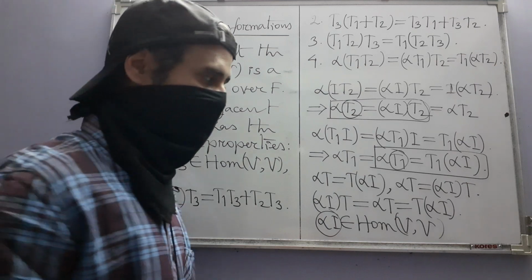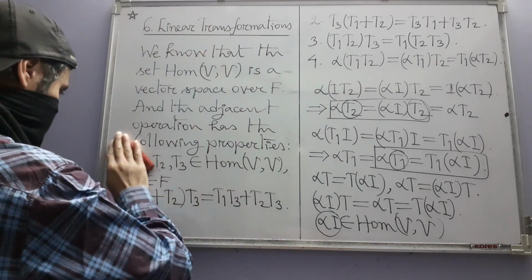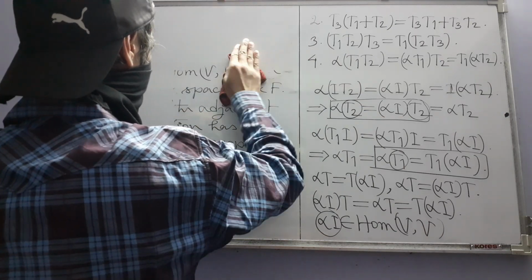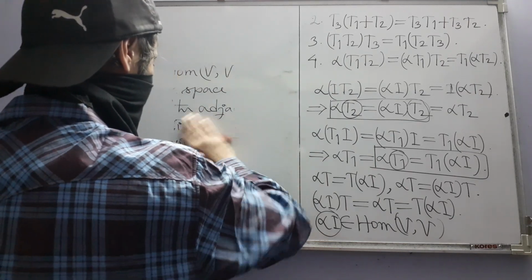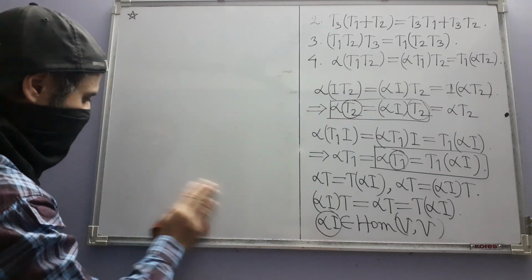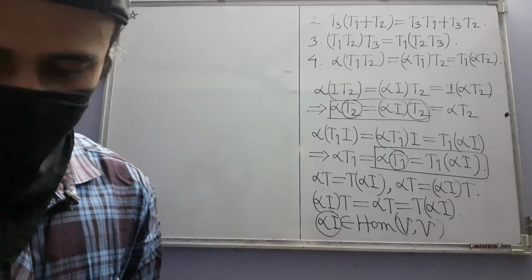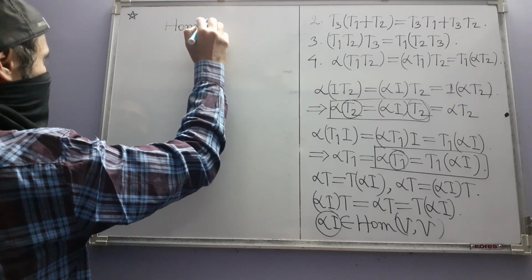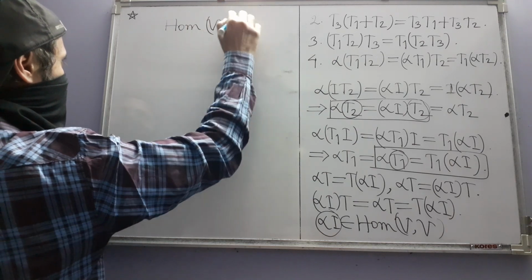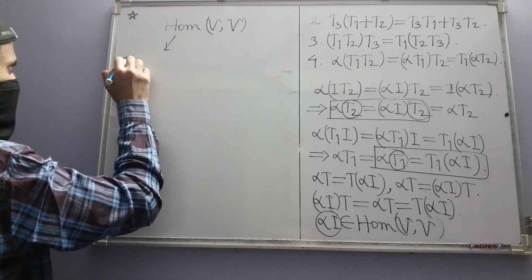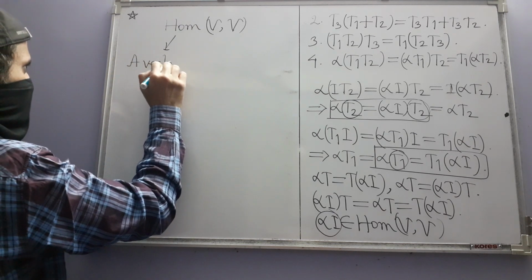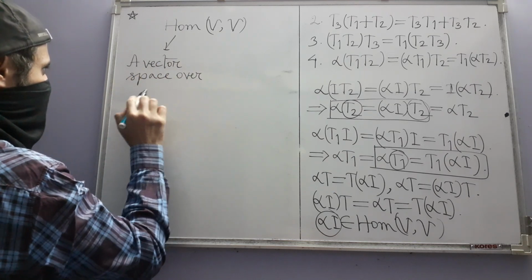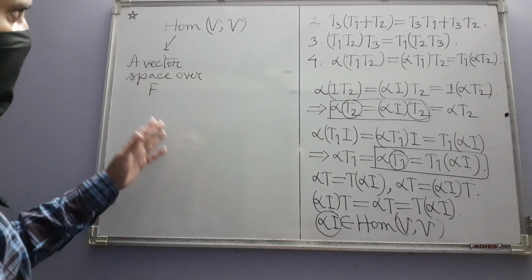Now that we have the properties of this system, let us look at what the system has become. On one hand, let me first write the symbol. On one hand, this is a vector space over F. This is something we already know.